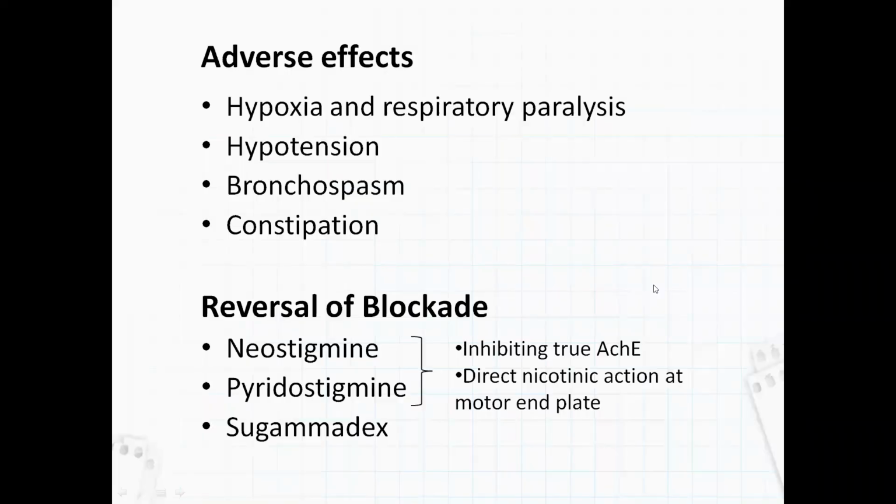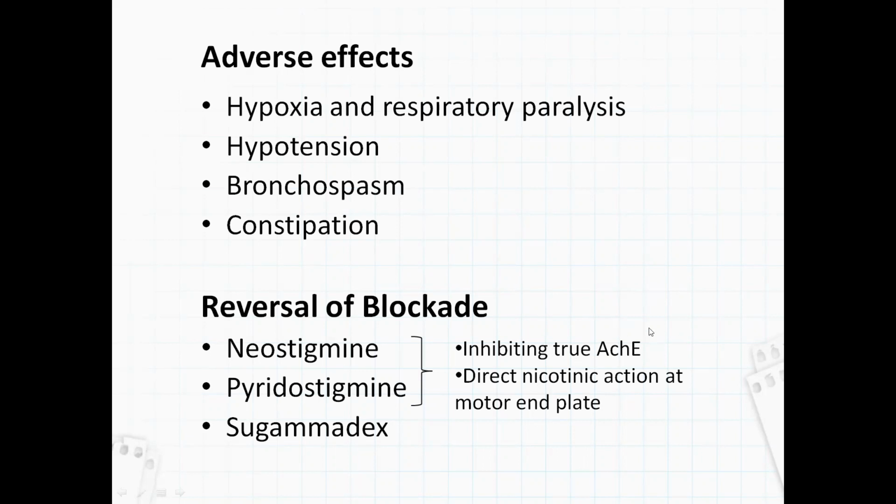Due to which there is decreased degradation of acetylcholine. So there will be an increased amount of acetylcholine stuck there in the synapse. We already saw that it is a competitive blockade.